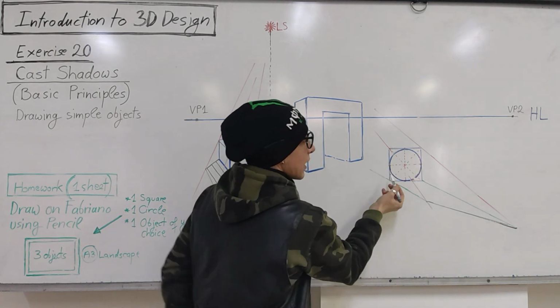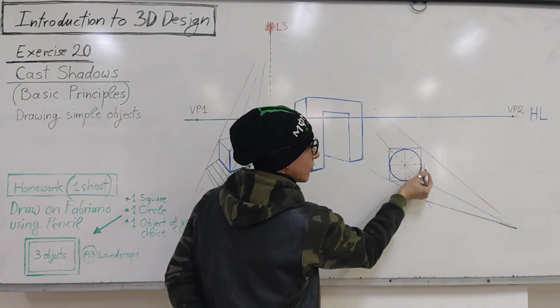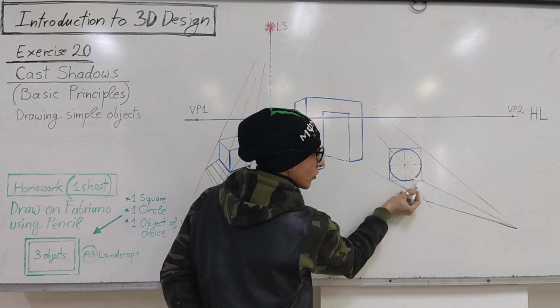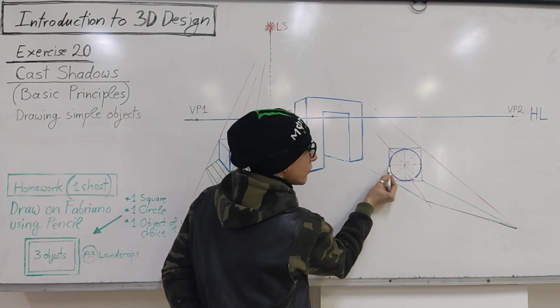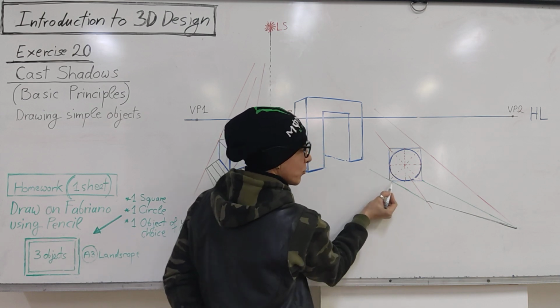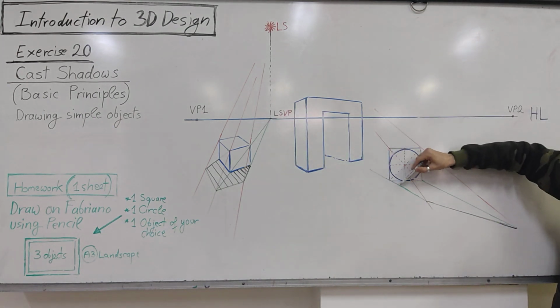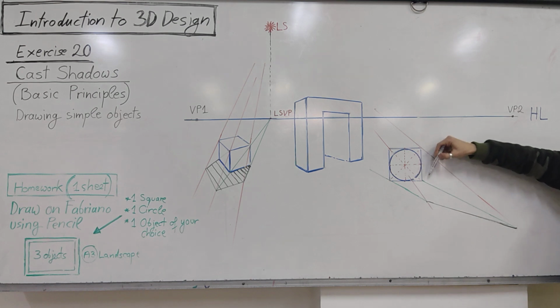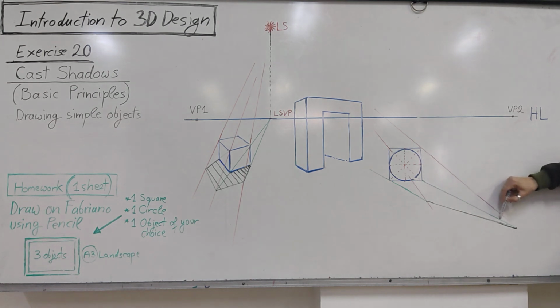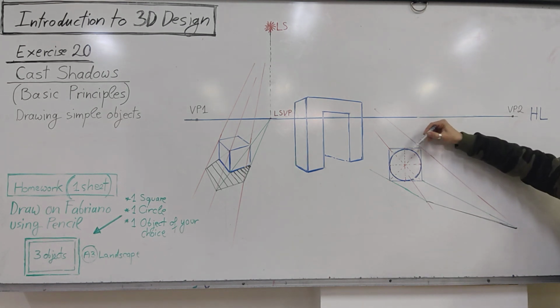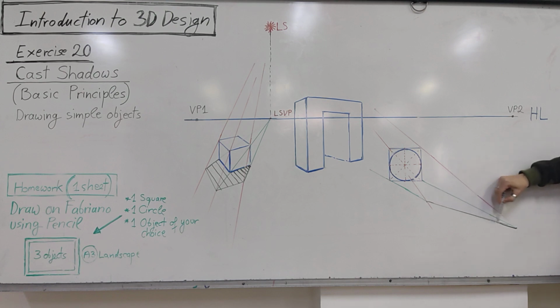Now, the circle has 4 points. This point we already know it's on this line. But where is this point located? This point needs to be located somewhere on this line, and this point will be located somewhere on this line. How do we find it?